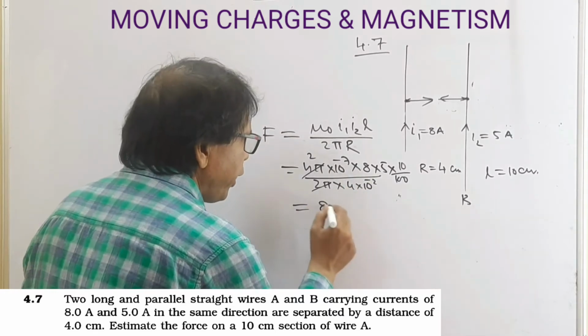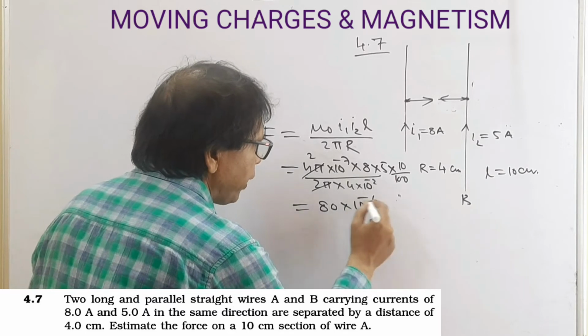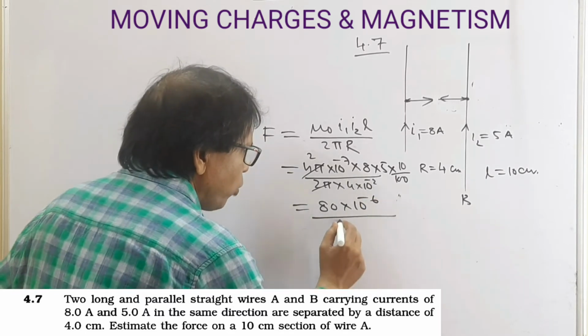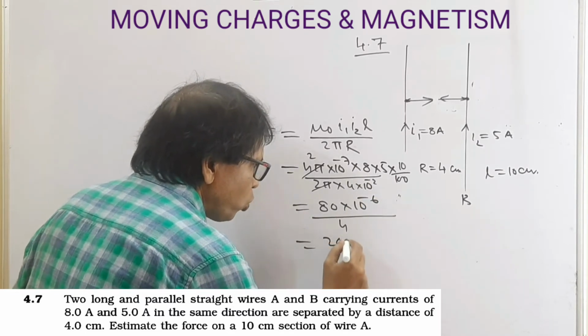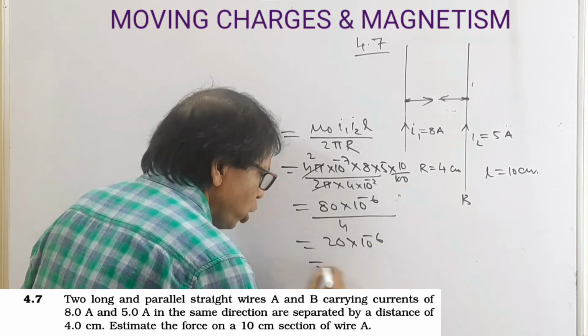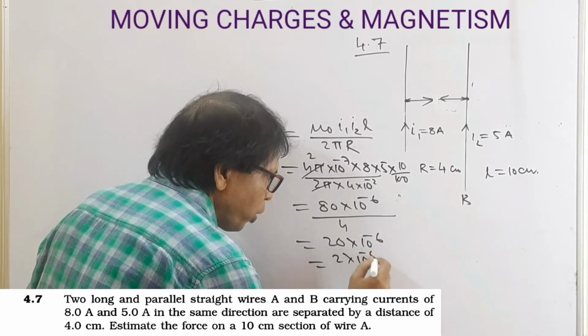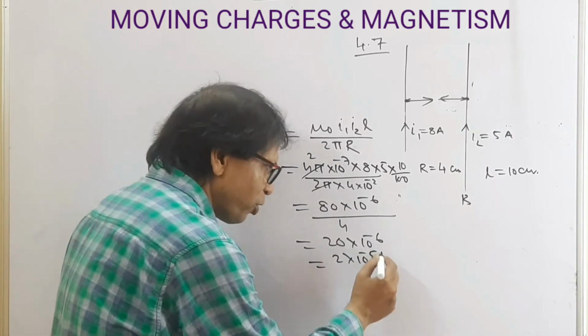So this is 80 into 10 to the power minus 6 divided by 4, so this is 20 into 10 to the power minus 6. So this is 2 into 10 to the power minus 5 Newton.